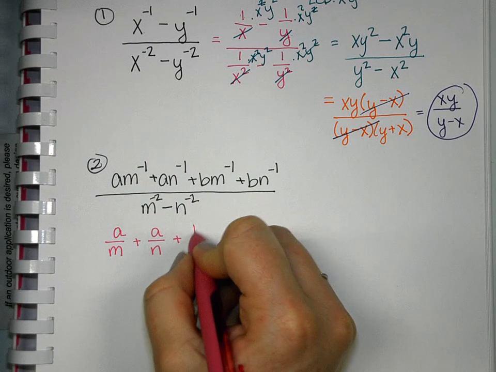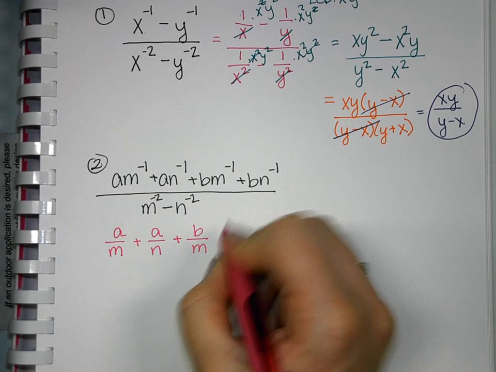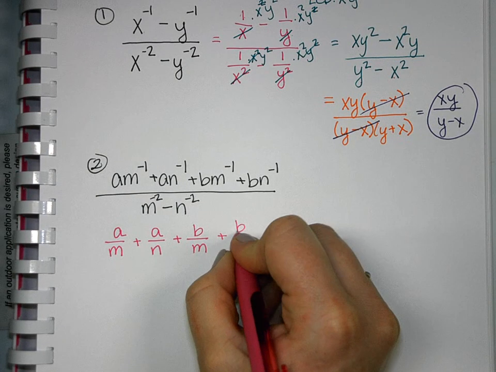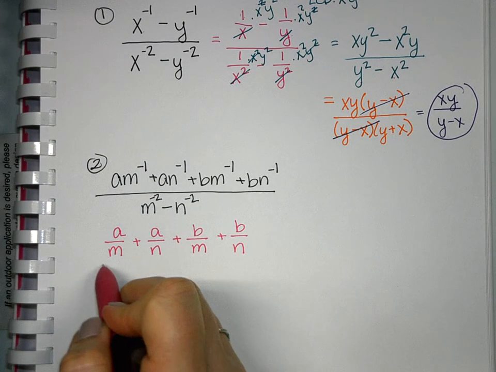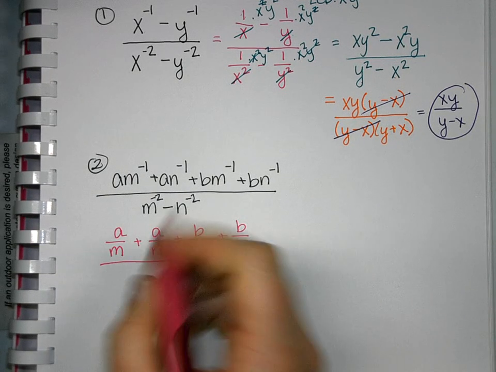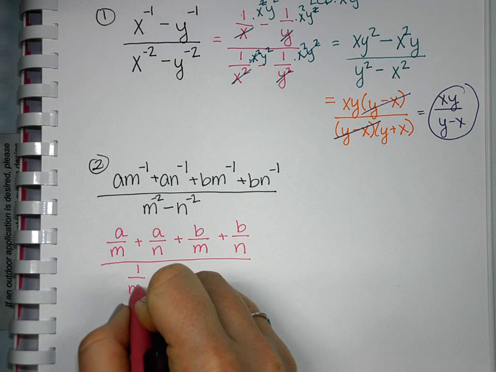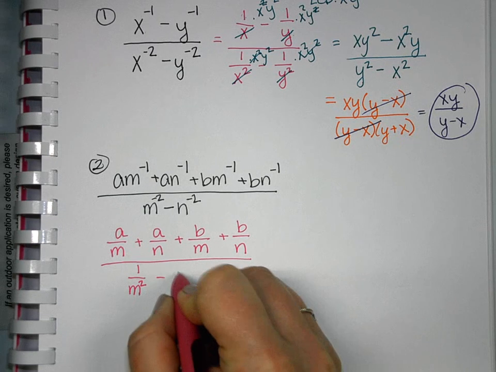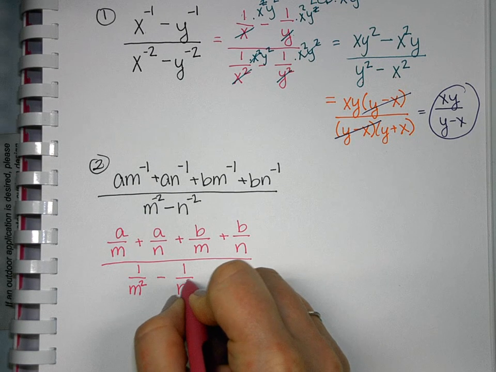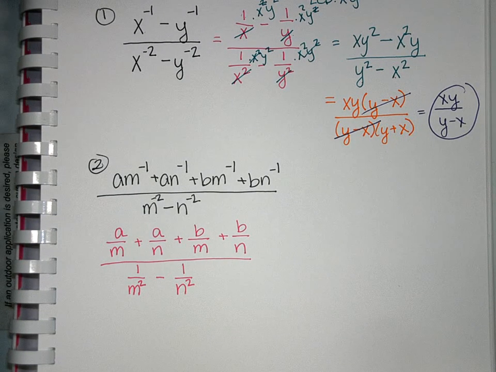On the third term, only the m has the negative, and on the fourth term, only the n has the negative. In the denominator, it'll become 1 over m squared minus 1 over n squared. So that's our first step of getting rid of the negative exponents by moving them to denominators.